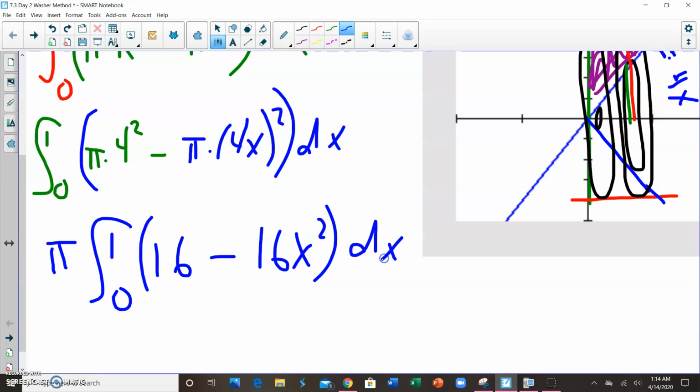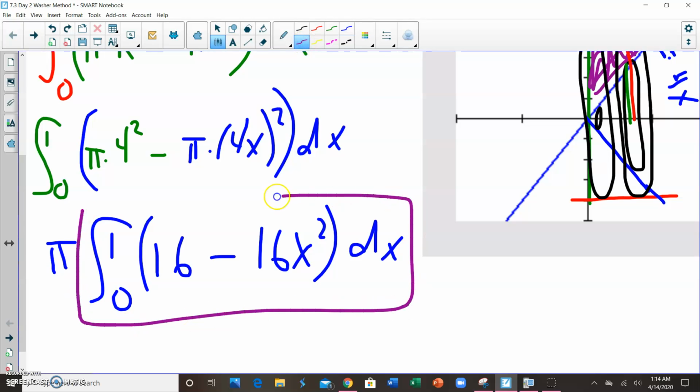Then I would put this part right here in your graphing calculator. GC means graphing calculator. And then you can get your answer. So pi times whatever that is, and that's what you can put into the answer.